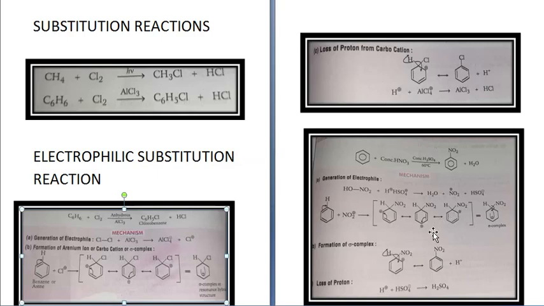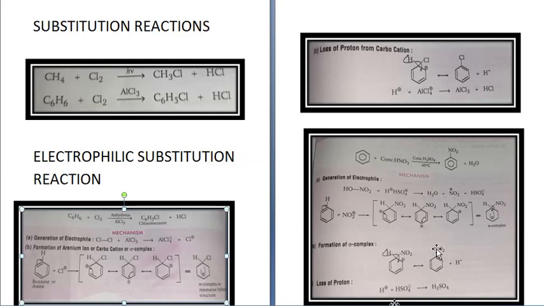Now you get a resonance hybrid structure, which can be depicted like this: benzene ring, NO2, and the inner ring is not complete because there are only two bonds.